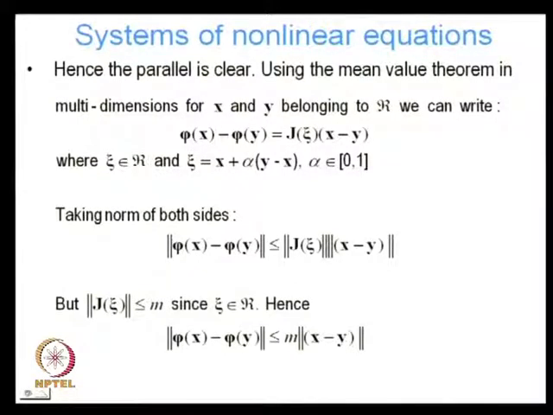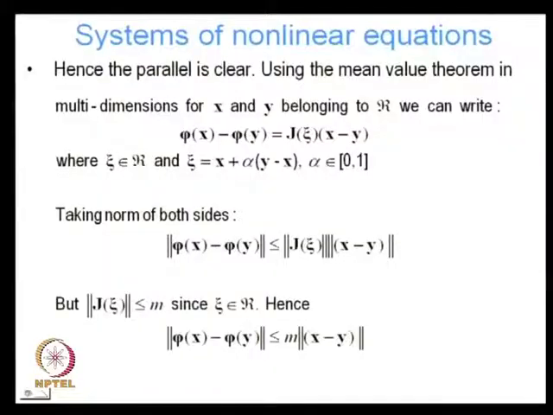You can think of it in 3D if it helps. I am drawing a vector from x to y, and my vector xi lies somewhere on that line. So it is x plus some scalar alpha times the vector between x and y. That is my xi.